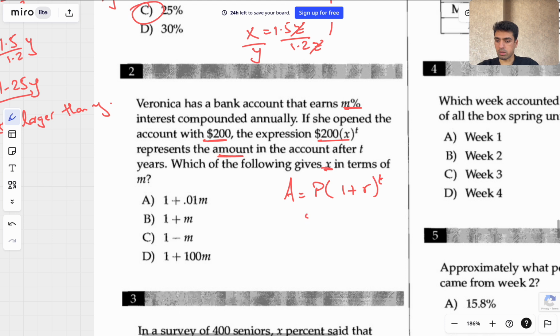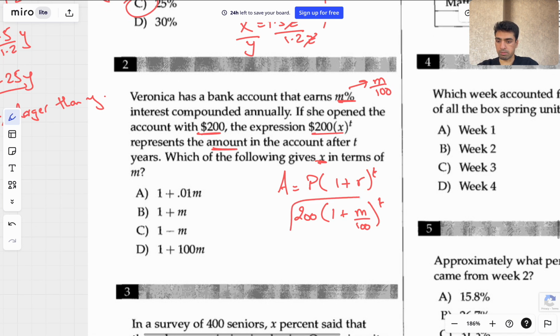The amount is 200. The rate is m%, so you can write that as 1 plus m over 100, because it's m%, m over 100, and then to the power of t. So this is what we have.